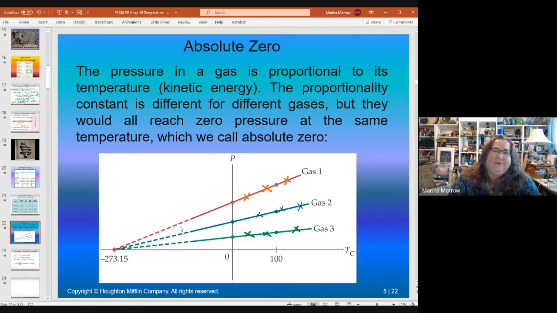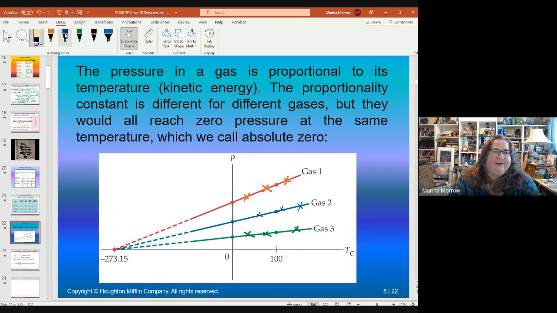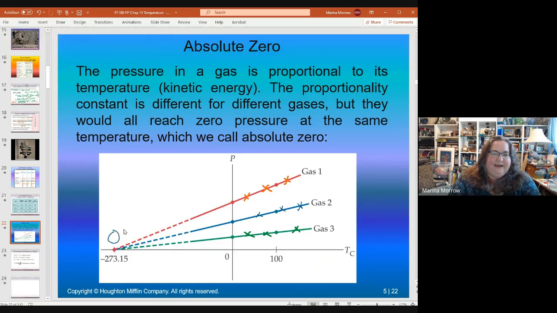The molecules wouldn't be moving around. They would have lost all their kinetic energy. And so they all seem to have the same point where that would happen. So he decided that that must actually be true zero. So this became the new zero in Kelvin degrees. But he kept the same scale as centigrade.